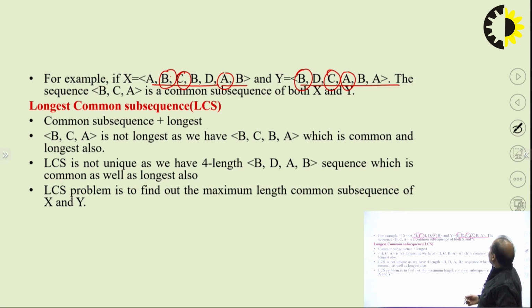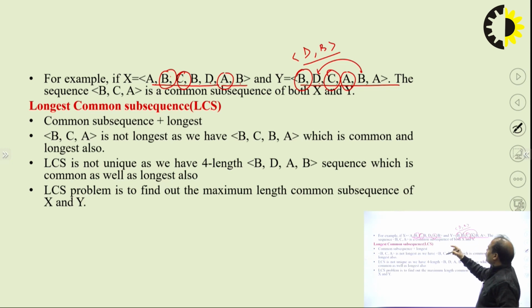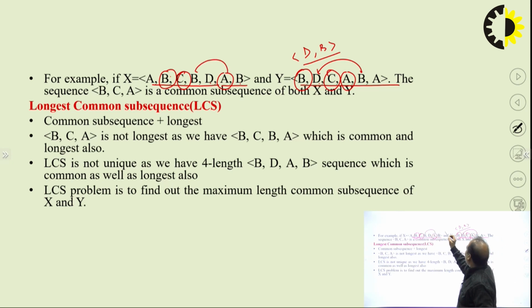On the other hand, if we talk about the sequence DB, DB is found over here, but DB is also found over here. That means DB is also a subsequence of both X and Y. Similarly, BA is also found over here and BA is also found over here.